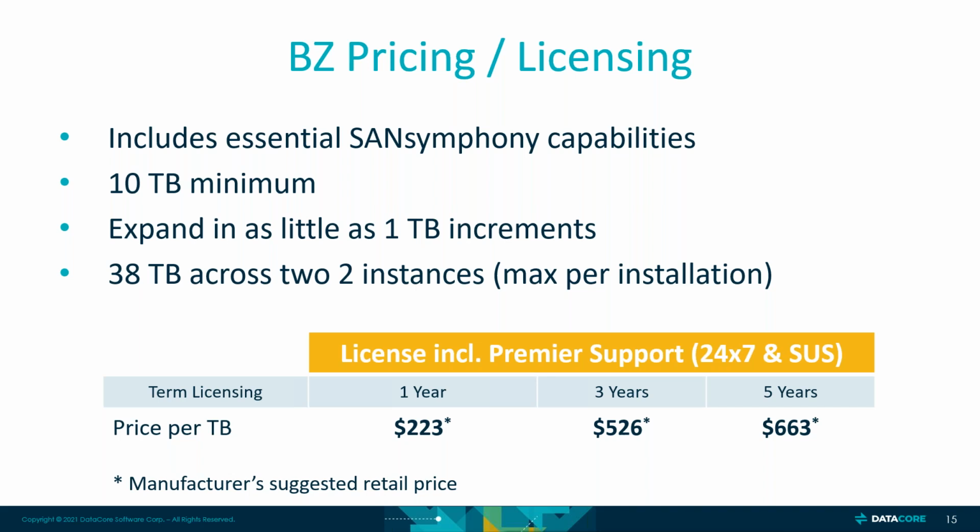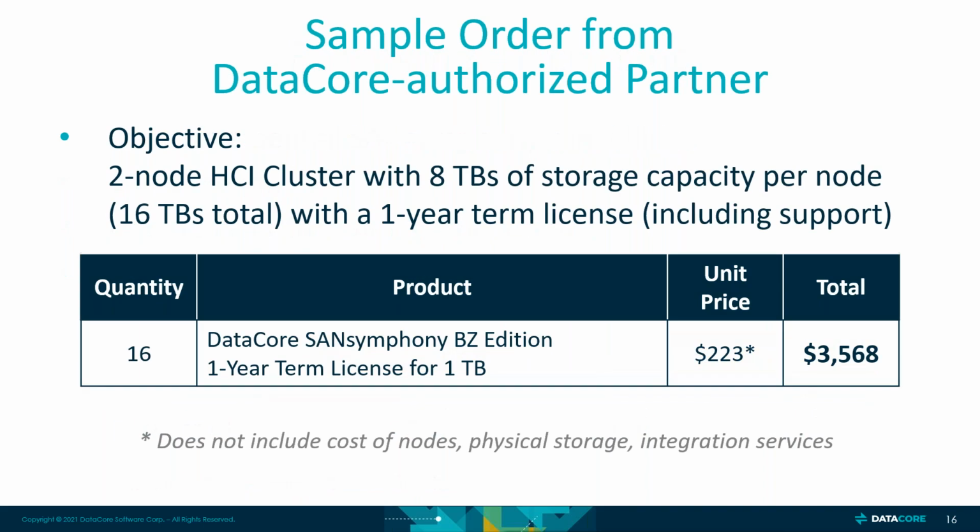The 3-year is $526 per terabyte, and the 5-year is $663. The minimum purchase is 10 terabytes. So we're basically saying you can run anywhere from 10 terabytes to 38 terabytes in this compact package, and that's the best bang for your money if your requirements fall in that range. I'll show you a quick example of what that looks like.